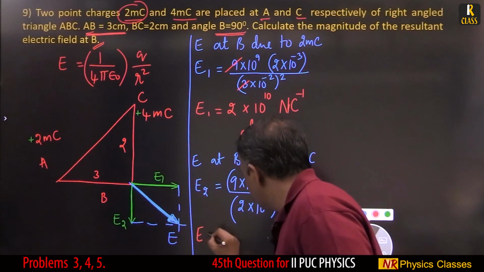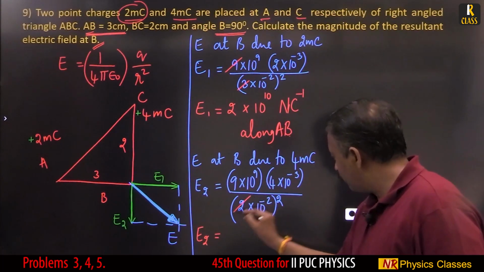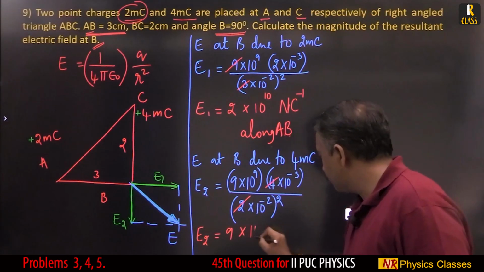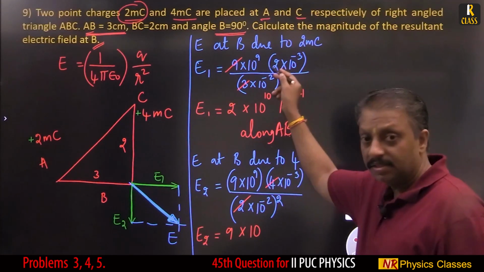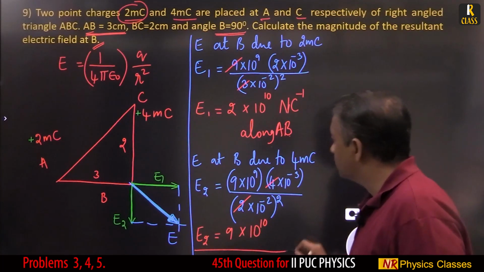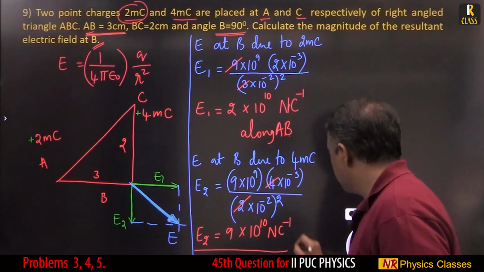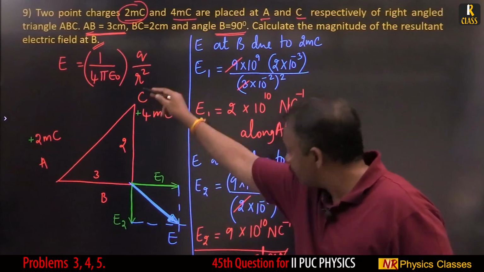So E2 equal to 2 square, 4 gone, 9 into 10 to the power of, all other powers are the same as this, therefore 9 into 10 to the power of 10 Newton per Coulomb, along CB.